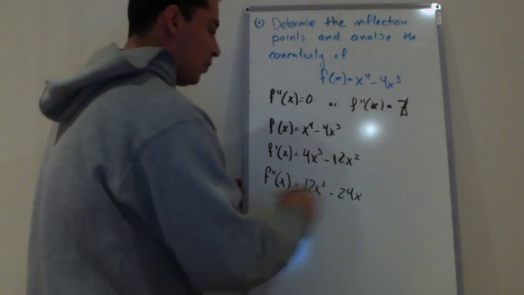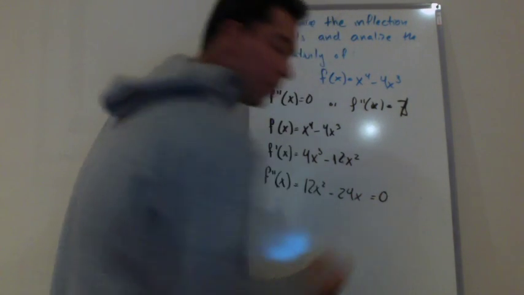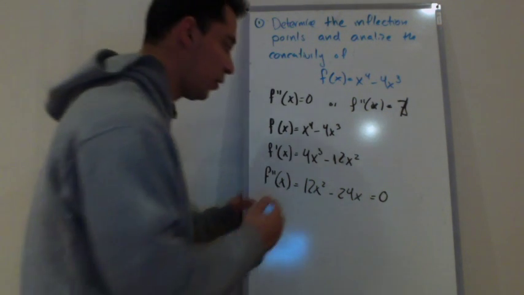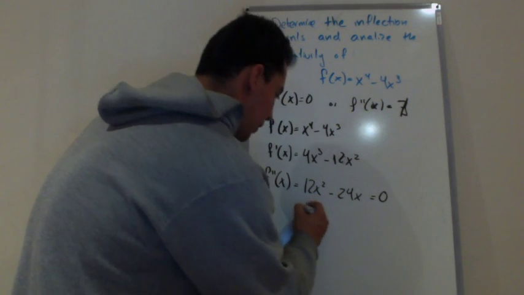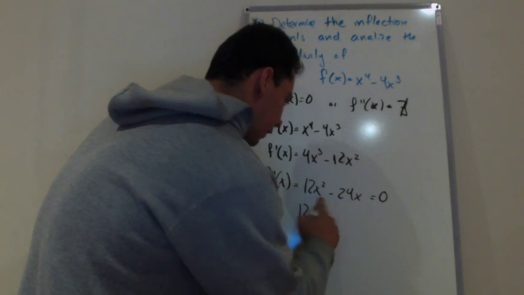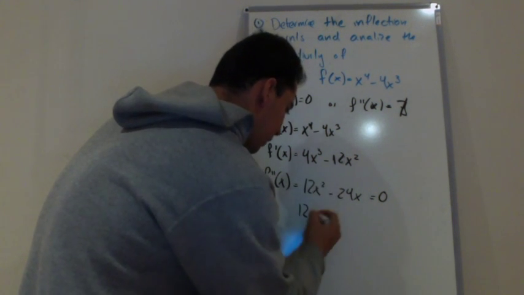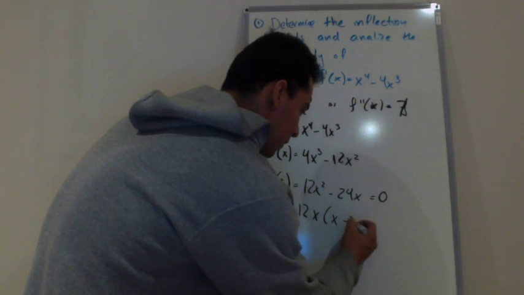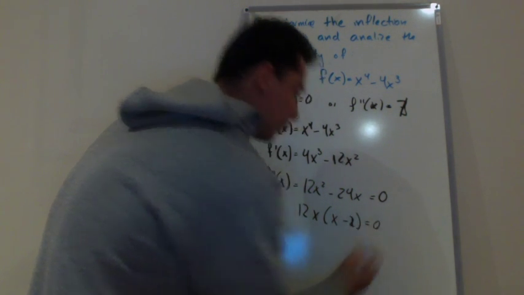So we have to set this equal to 0 to find the inflection points. We can factorize a 12x actually, and we get this. Do you agree with me?